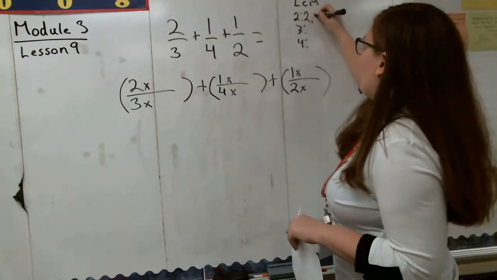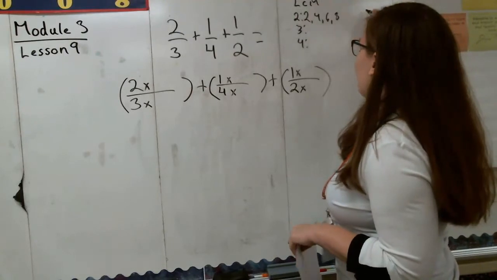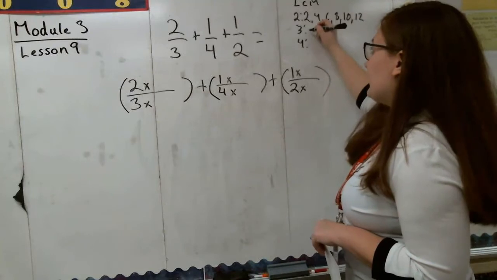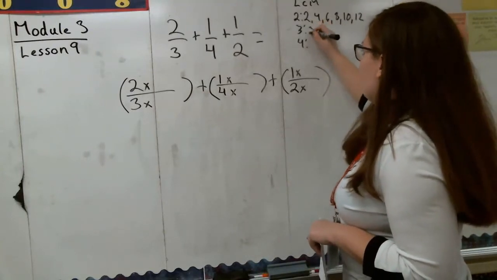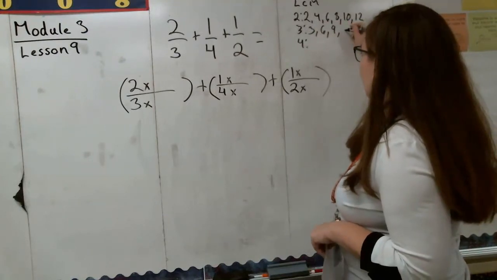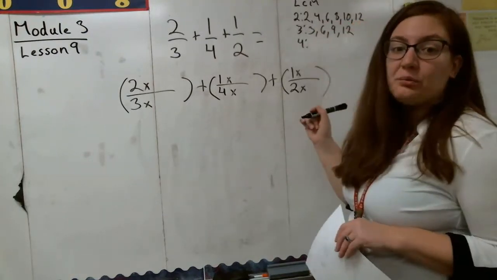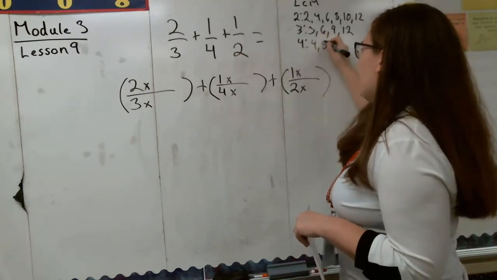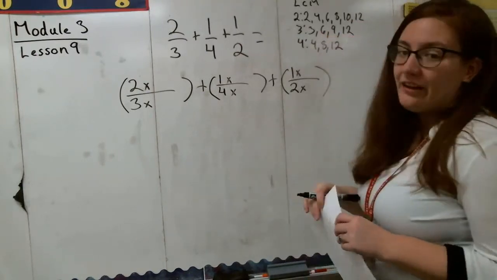So I have 2, 4, 6, 8, 10, 12. And I'm going to stop right there. Then I have my 3's. I have 3, 6, 9, 12, and then I'm going to count by my 4's, and you may even see where I'm going with this. So I have 4, 8, and 12.